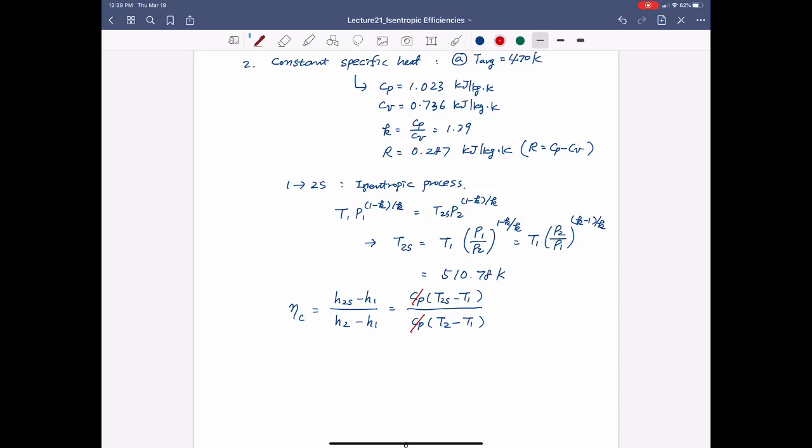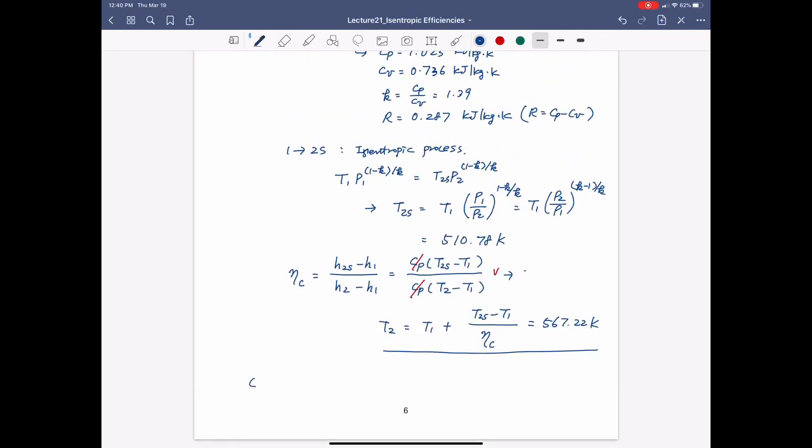So when we assume constant specific heats, the isentropic efficiency of the compressor for an ideal gas can be written using only the temperature information. So from this equation we can calculate T2, which is T1 plus (T2S minus T1) divided by the compressor efficiency, which gives us 567.22 Kelvin. So that is the first answer.